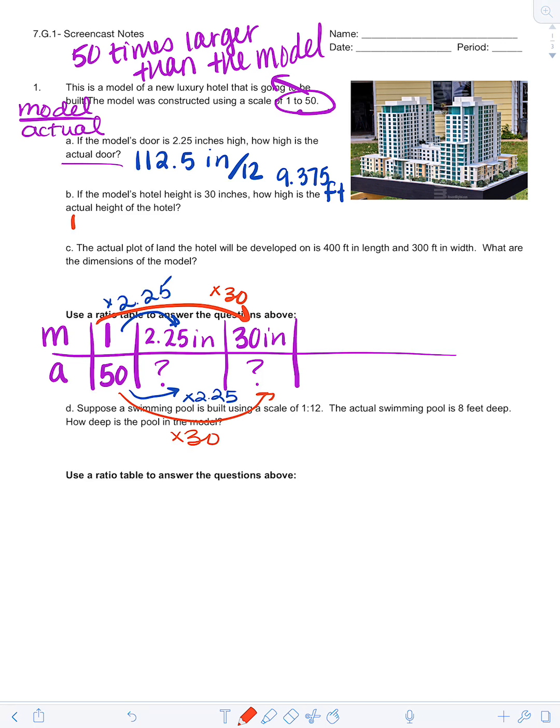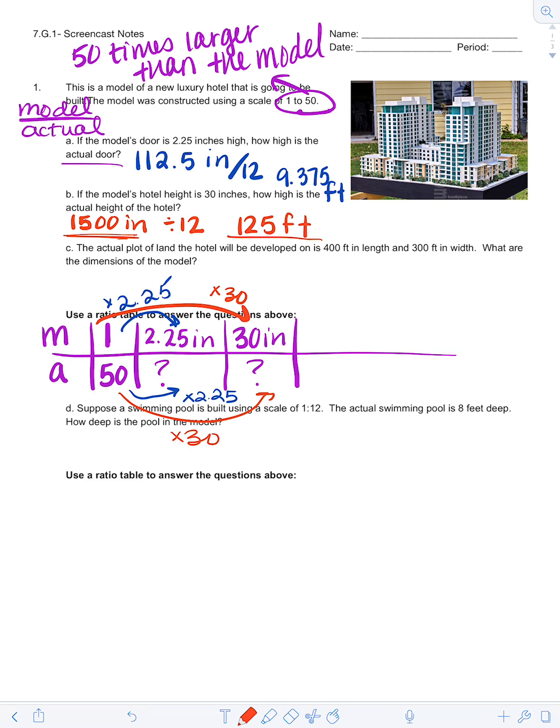So this would give us 1,500 inches. And again, I can convert that by dividing by 12, which would give me 125 feet for the actual height of the hotel. And again, converting it helps us understand realistically. I would want to measure 125 feet if I was building something, rather than this obnoxious amount of inches.